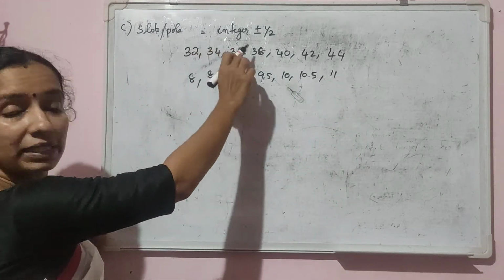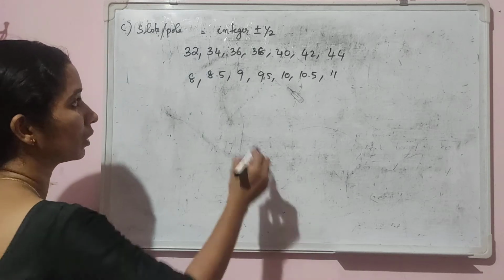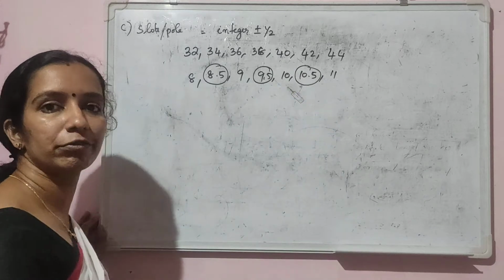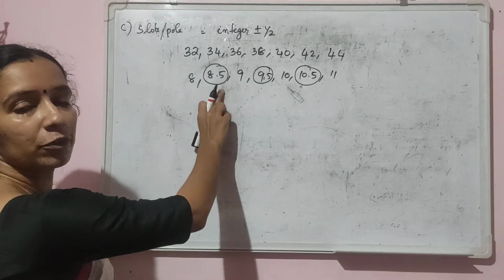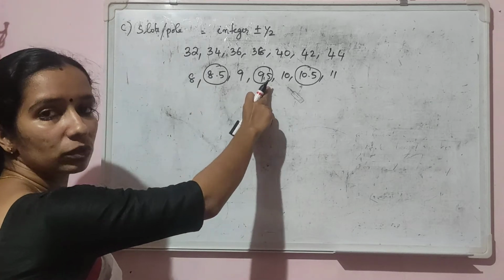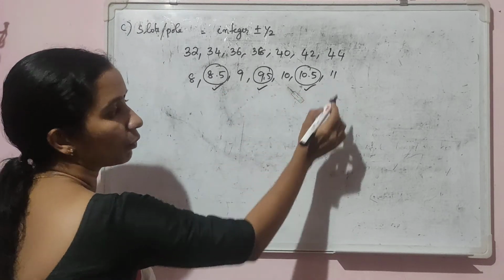As per the guideline, slots per pole should be an integer plus or minus 1 by 2. That is, we can choose either 8.5, 9.5 or 10.5. So these are integers plus or minus 1 by 2. 8.5 means 9 minus 1 by 2, and this is 9 plus 1 by 2. Like that, we can choose either 8.5, 9.5 or 10.5.